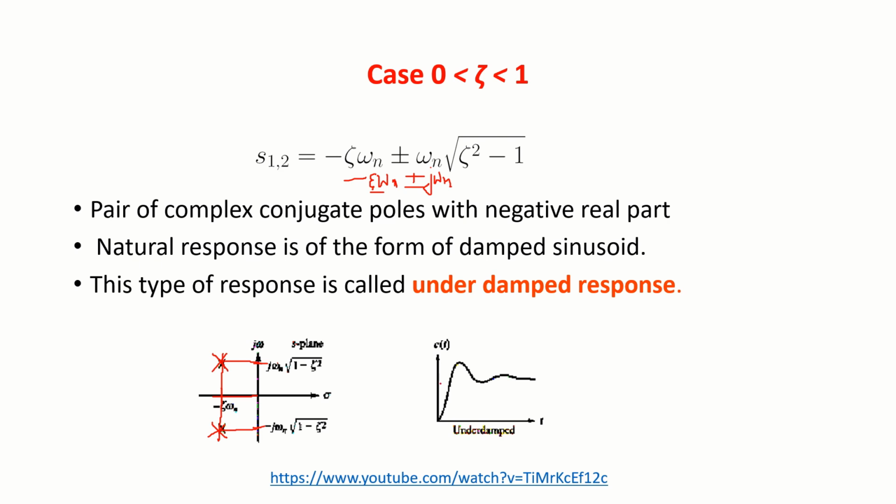And you have seen the solution will start oscillating, slowly damped down. It will be oscillating with a damped natural frequency omega d. When the roots are complex conjugate roots, this is what exactly happens.